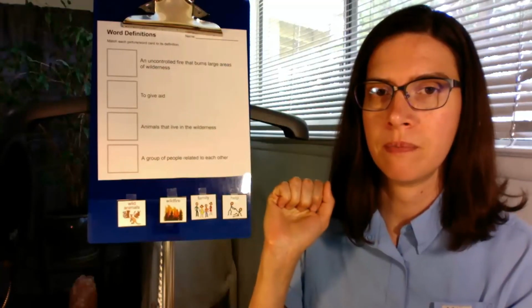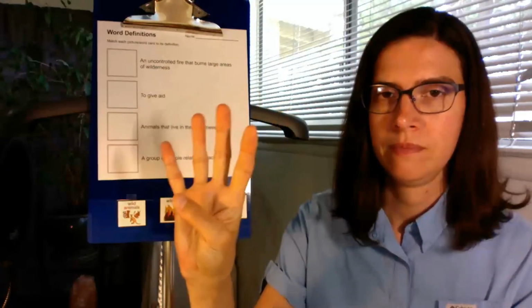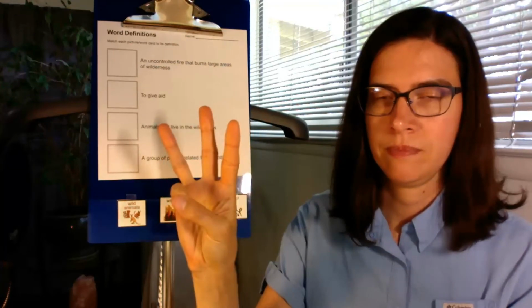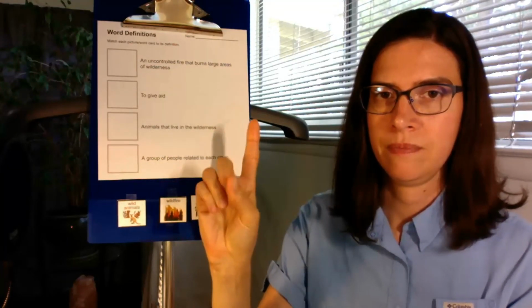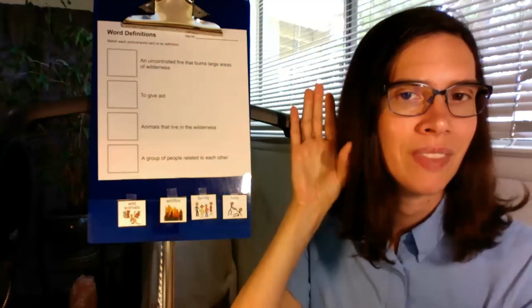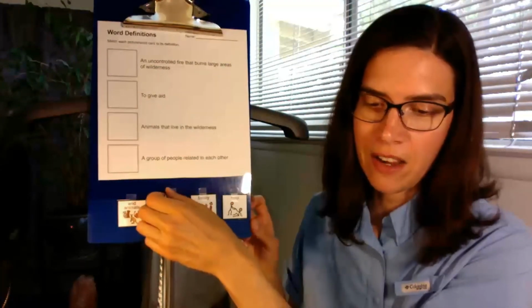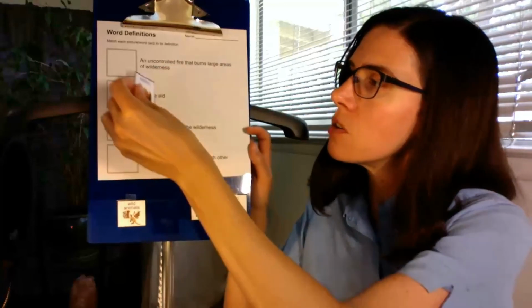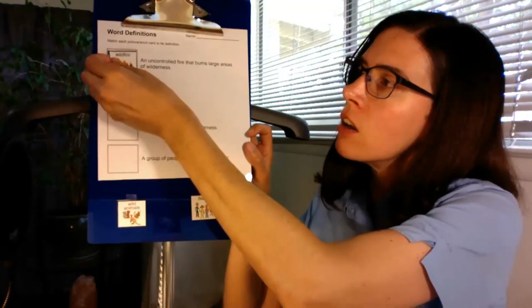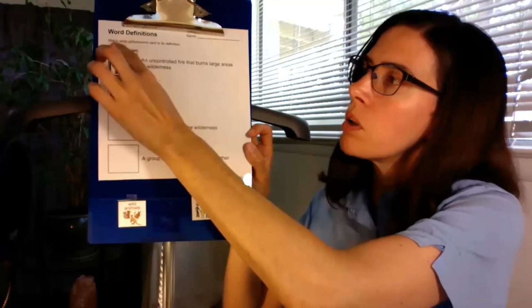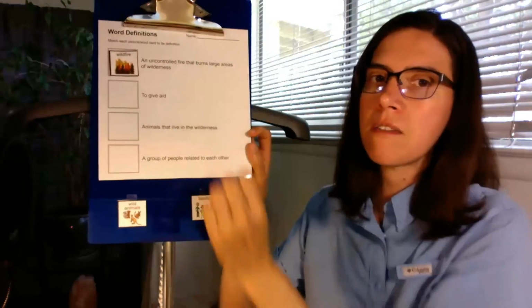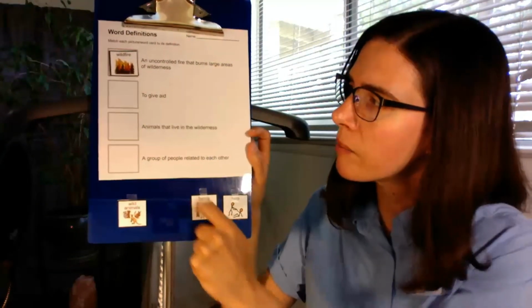Here's your countdown. All right, wildfire. If you said wildfire, you are correct. We'll put the word in the picture right by its definition. Let's look at the next one.